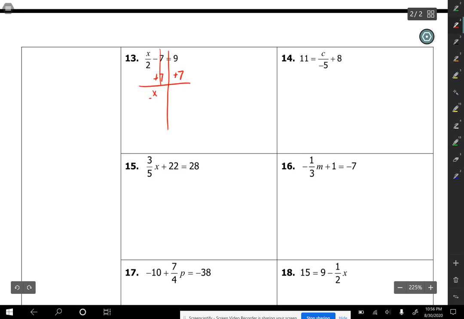I'm left with x divided by 2 equals 9 plus 7 is 16. Sorry, I forgot to circle my variable. Now, we're left with x divided by 2. So divided by 2, opposite, I need to multiply by 2. Those cancel out, leaving me with x equals 16 times 2 is 32.